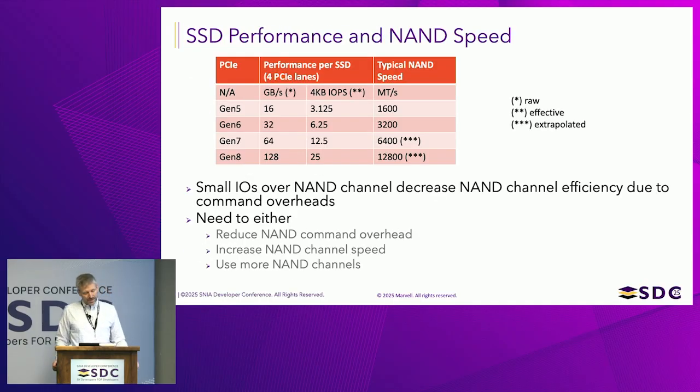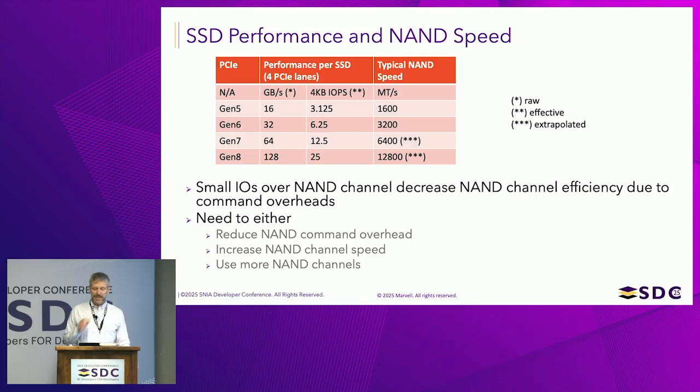Here I wanted to show the SSD performance and NAND speed, in the past and also what we can see in the future. When we look at Gen 5 and Gen 6, we were talking about 16 or 32 gigabytes per second throughput on the host side. From a 4K byte IOPS perspective, it was 3 or 6 million IOPS, as I said before.